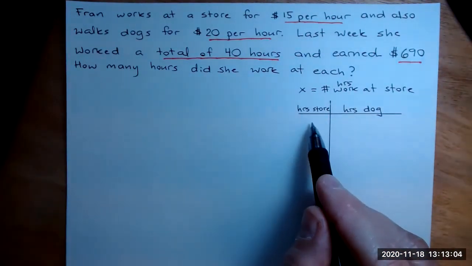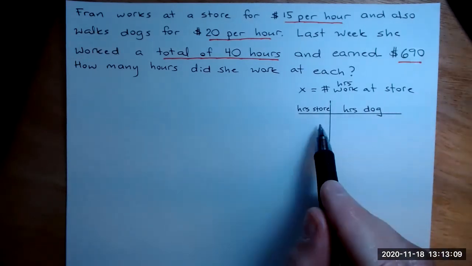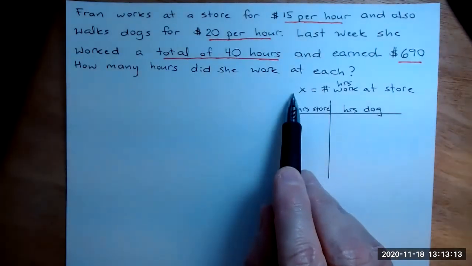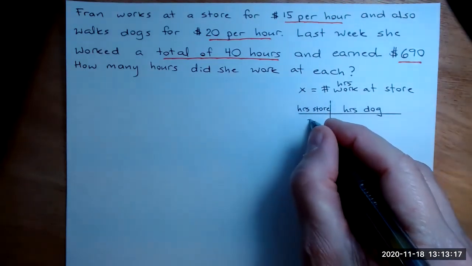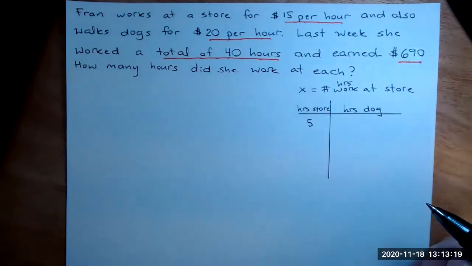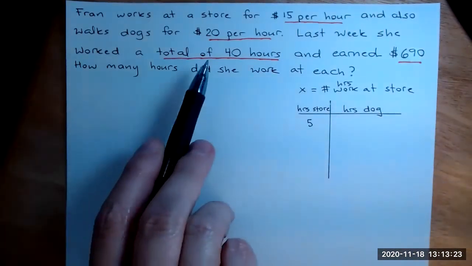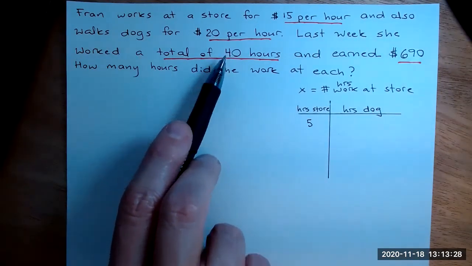Because sometimes when you really get stuck, just throw in some numbers and see what happens. So let's just do some what ifs. What if she only worked 5 hours at the store? How many hours did she walk dogs? So she worked a total of 40 hours.